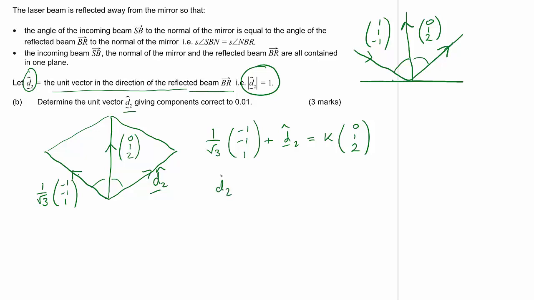So that gives me that d2 hat is equal to, bring this over, it's going to be 1 over root 3 for the first component, and then it will be k add 1 over root 3, and then 2k take away 1 over root 3.